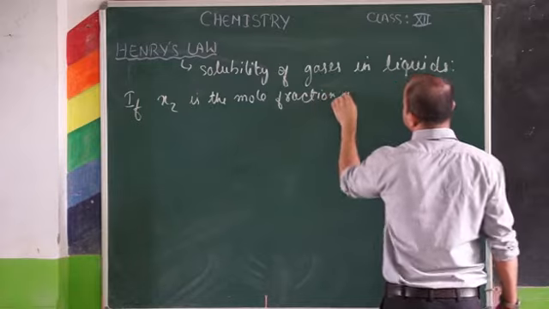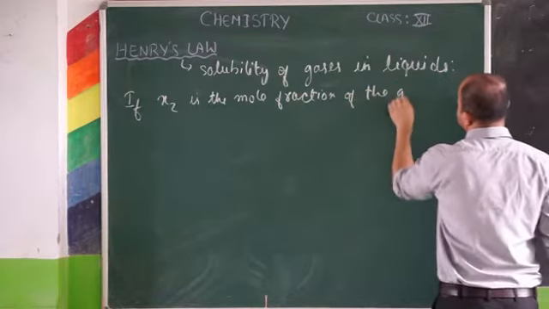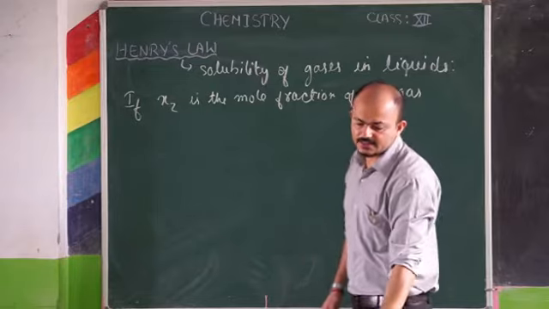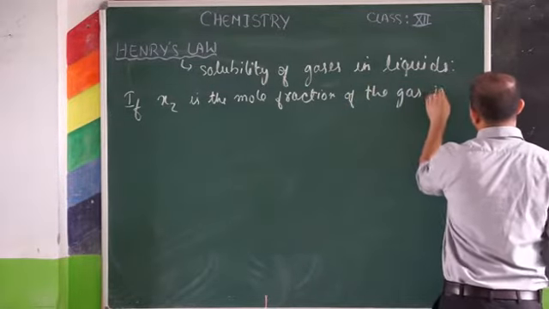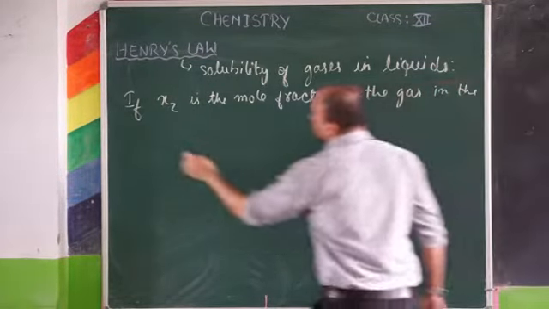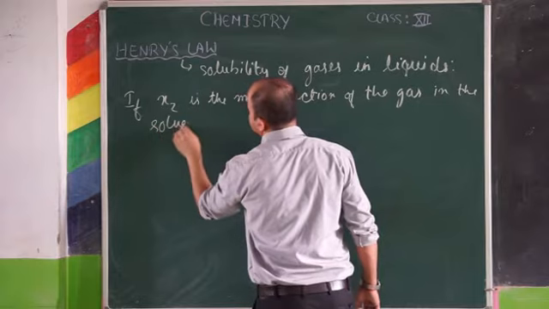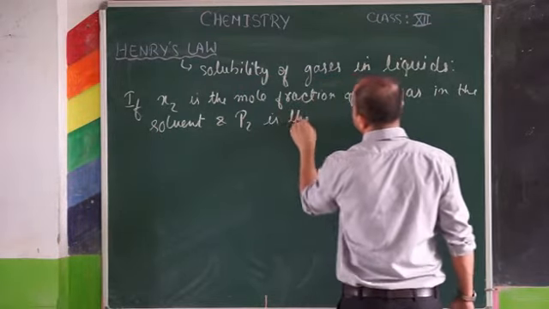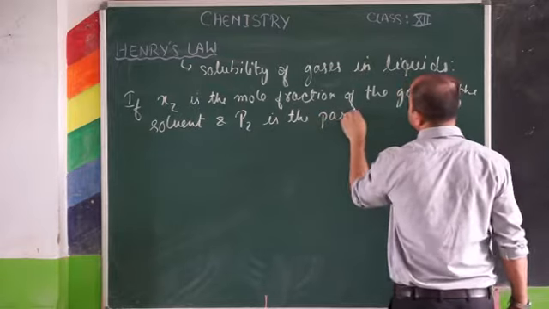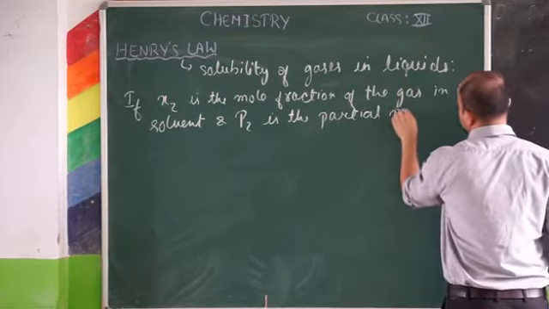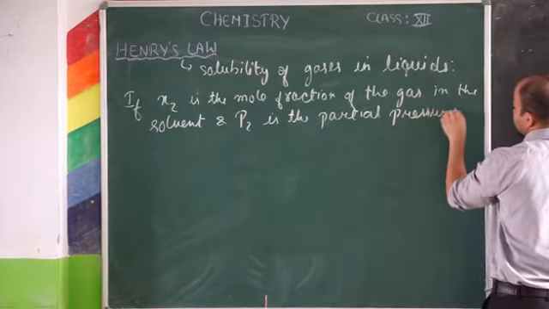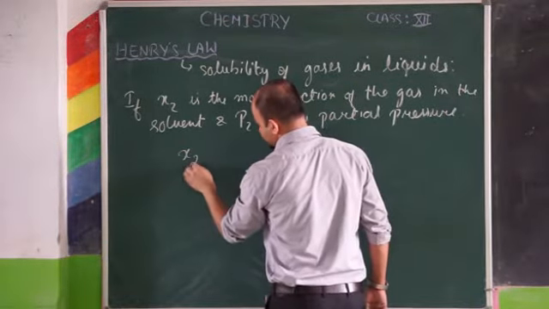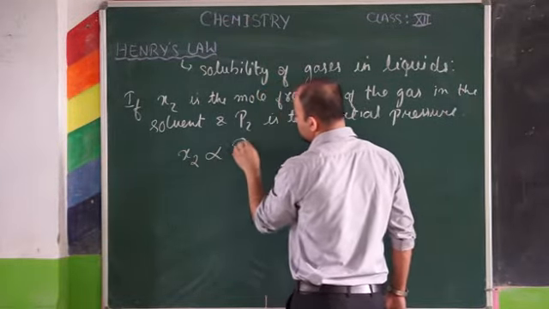If X2 is the mole fraction of the gas in the solvent, and P2 is the partial pressure of the gas, then from Henry's law we can say that X2 is directly proportional to P2.